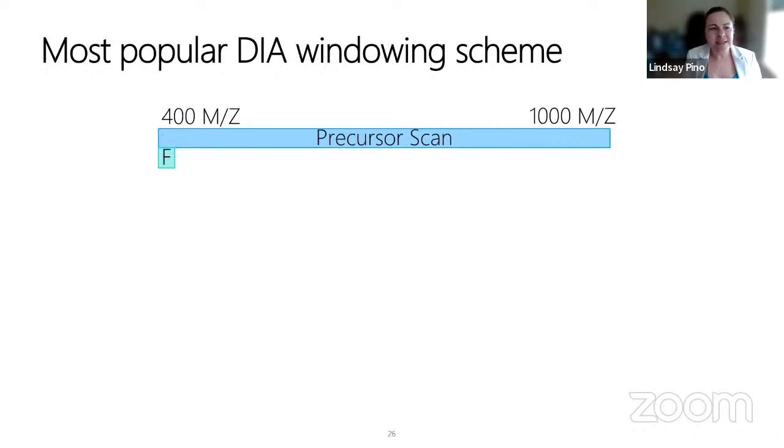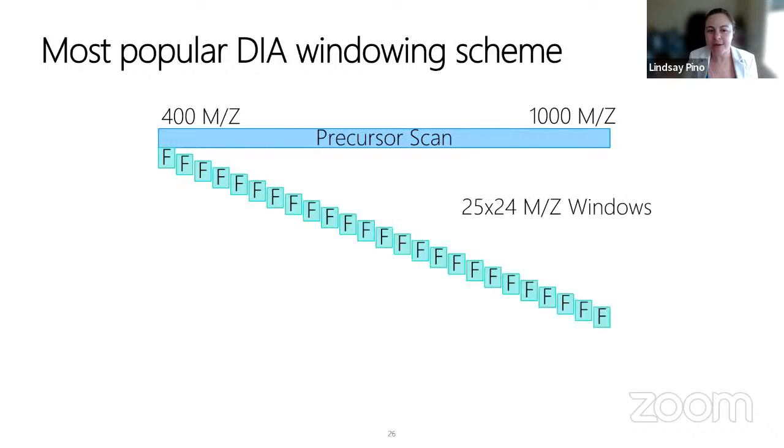So I think this is the most popular DIA windowing scheme that I tend to see on Orbitraps. If you're on a TOF instrument, I'm not quite as up to date with TOF instruments, but you take 25 of these fragment scans, and each one of them is 24 MZ wide, covering 400 to 1,000 MZ.